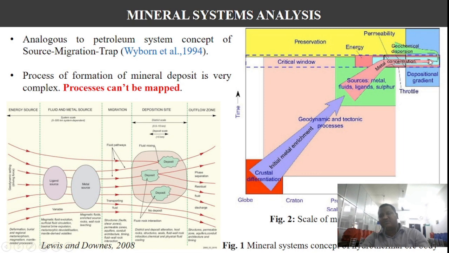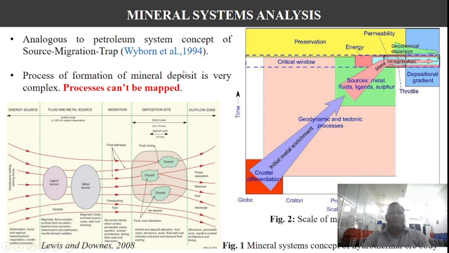After the deposition of ore, geochemical dispersion happens, and we find the signatures of this dispersion in stream sediments, water samples, and soil samples, which we call the secondary dispersion of geochemical elements.